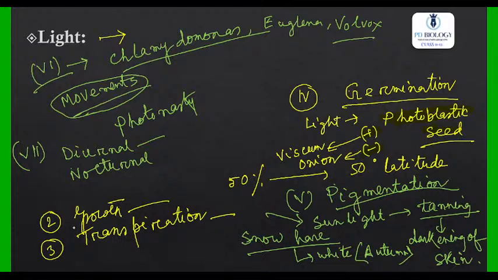Active at dawn is known as auroral, and active at the time of dusk is vesperal. Some are active during dawn and dusk. In both conditions, they are called crepuscular.